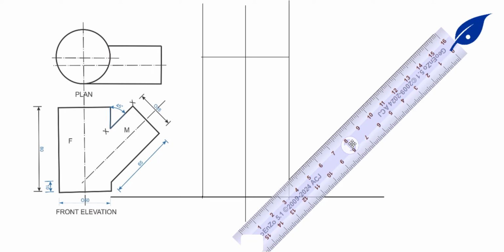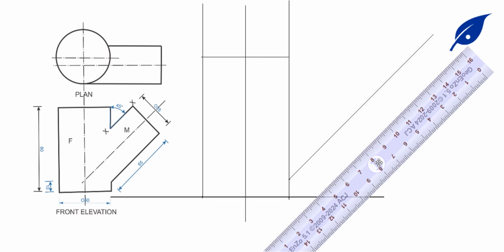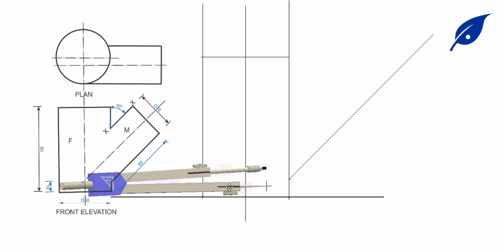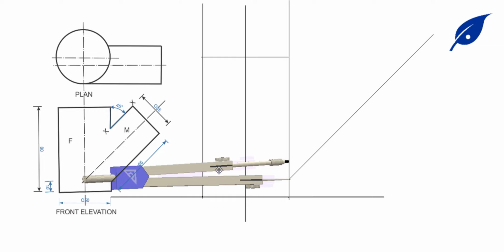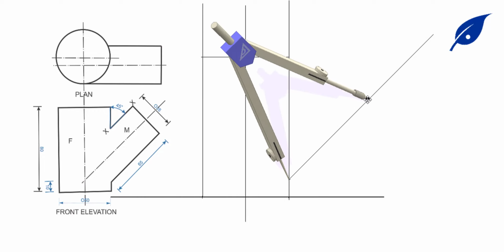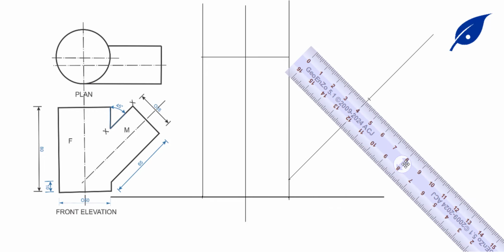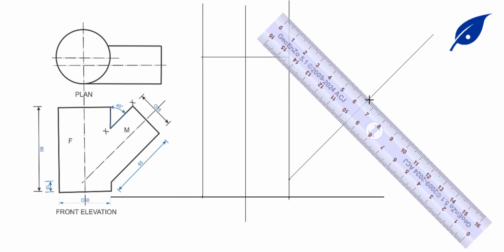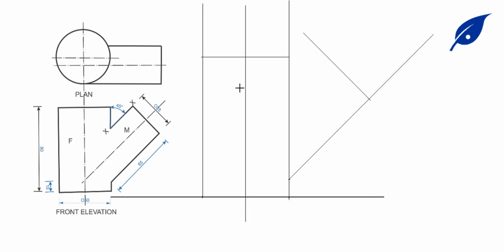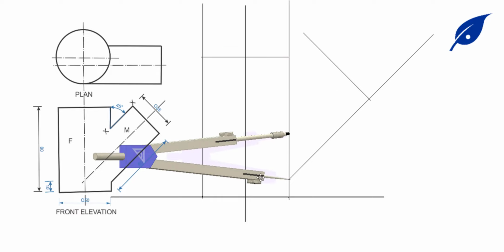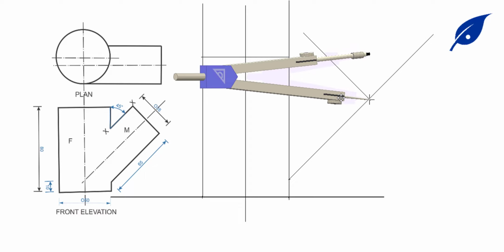So at this point, we project the line. The distance from the point here is 65 millimeters. So we'll mark that point. To get this, we'll get the 45 degrees to the horizontal, which is 90 degrees to this line, so that we can get this point.